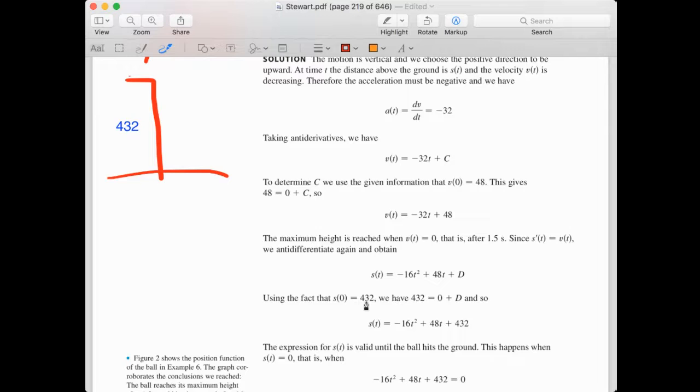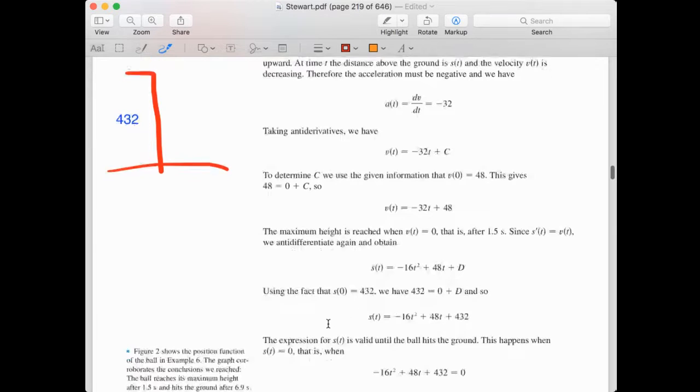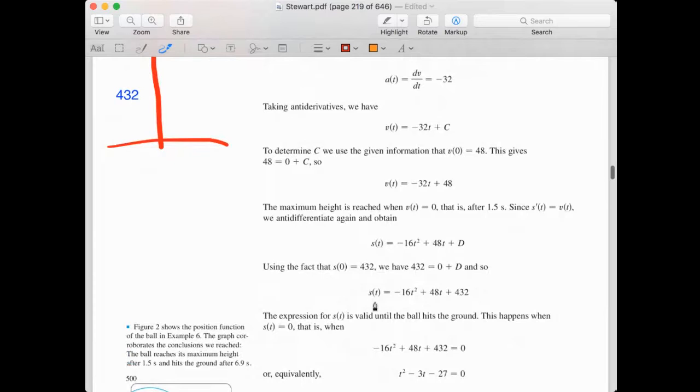We use this point. Plugging into this function, the first term becomes 0, 48t becomes 0, plus d. So d equals 432. So putting it back into s of t, s of t equals negative 16t squared plus 48t plus 432.